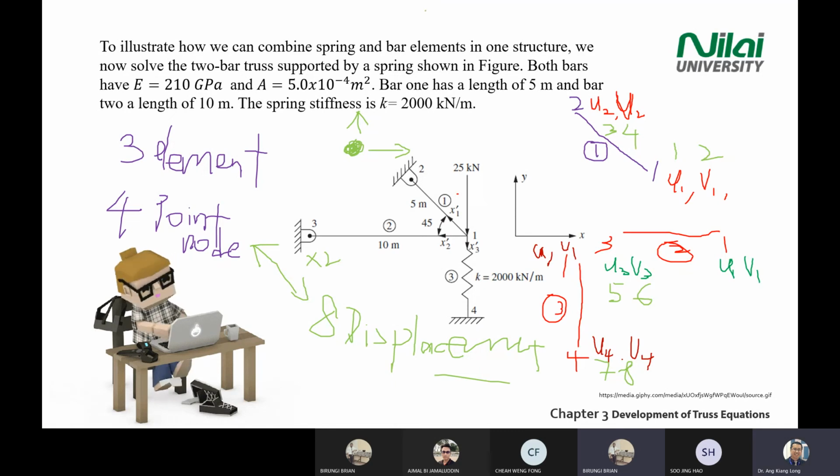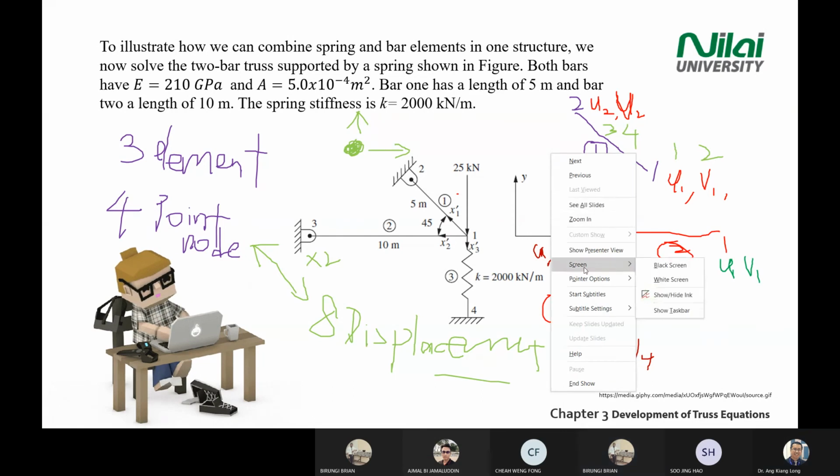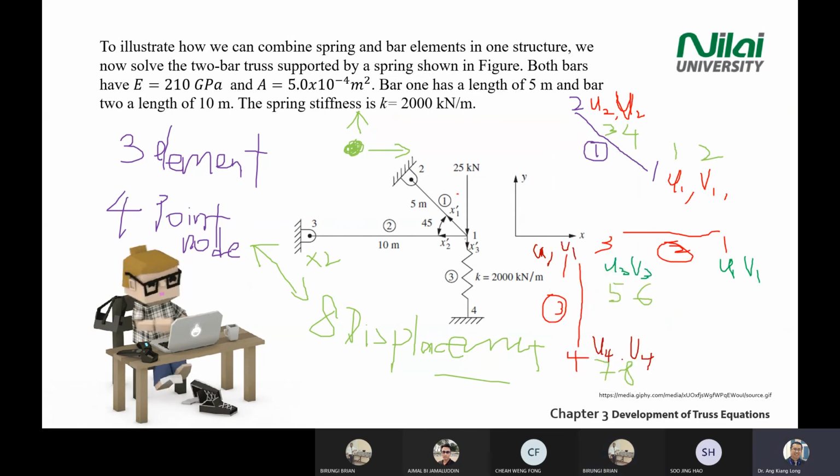Why do you mix up all the points? The way I was calculating is, for example, element 1. You just imagine, for example, point 1 is Brian.